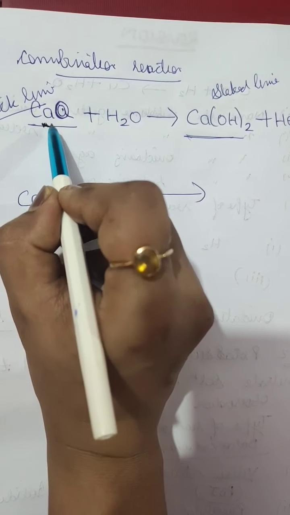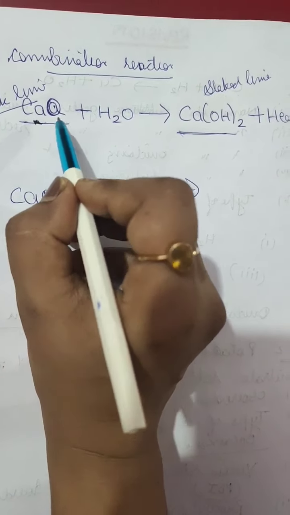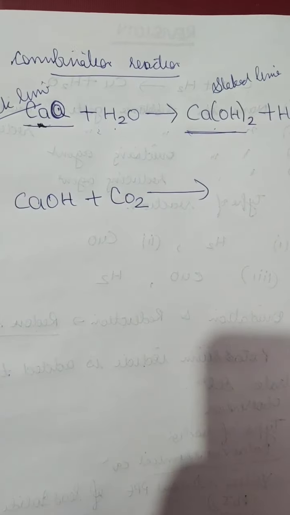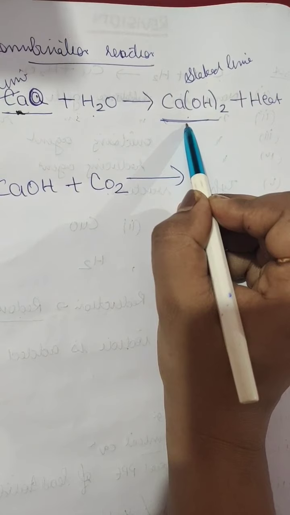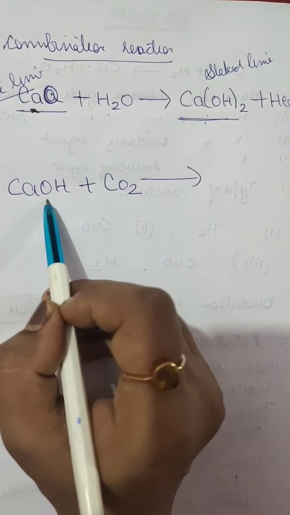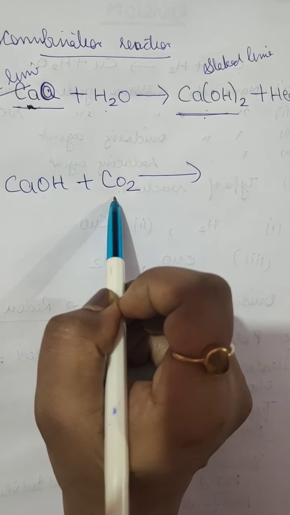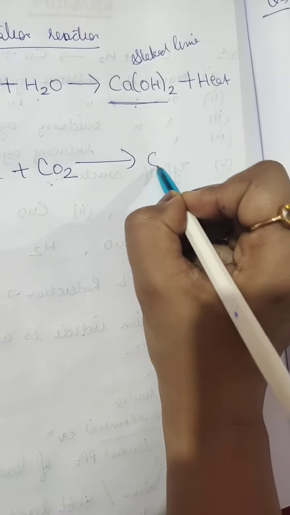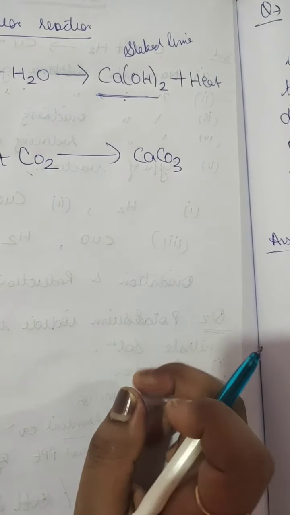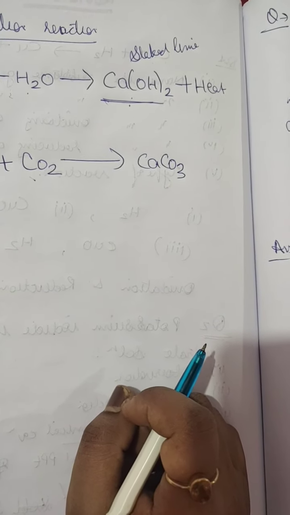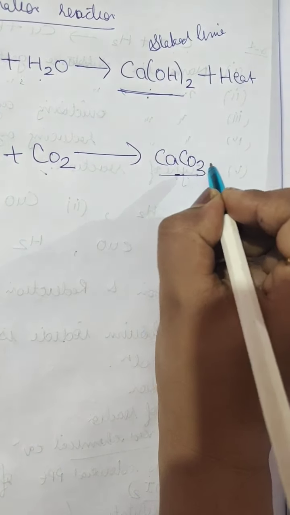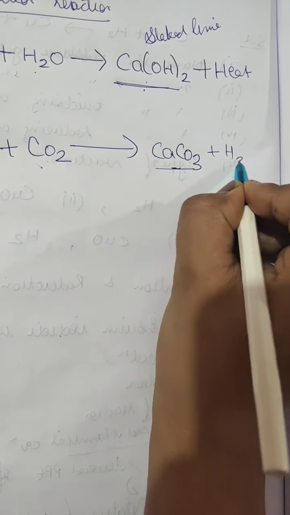This compound, calcium oxide, is used in whitewashing. When it is mixed with water, it produces calcium hydroxide. So when this calcium hydroxide solution is applied on the walls, it reacts with CO2 present in the atmosphere, and it produces a hard, bright white substance, which is calcium carbonate. So it's a metal carbonate, it's calcium carbonate, and water is released.